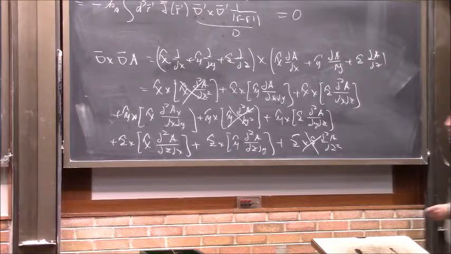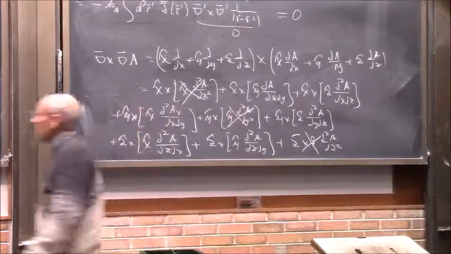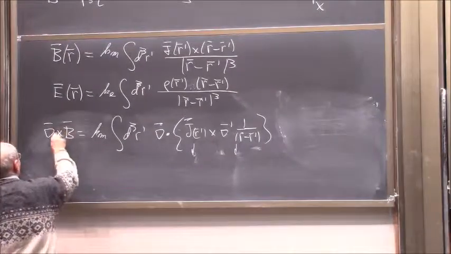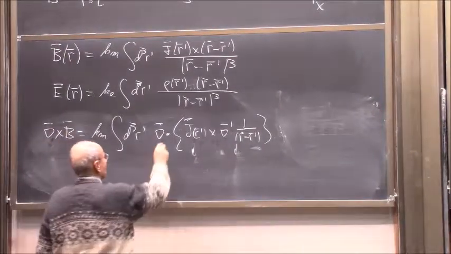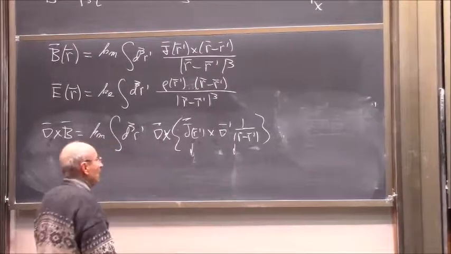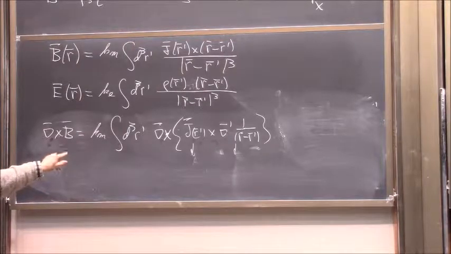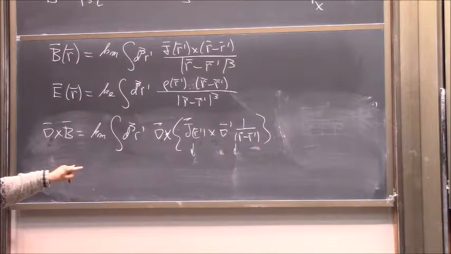All right, so let's look at the curl of B. Well, the only difference is going to be, as before, I can take this inside, and so I will have that. And so now I need to evaluate the curl of a cross product.